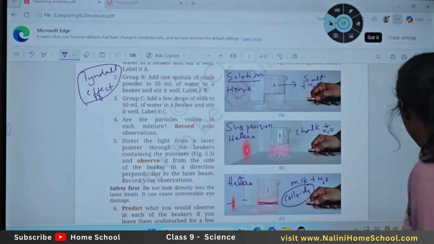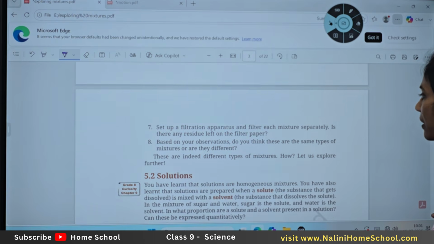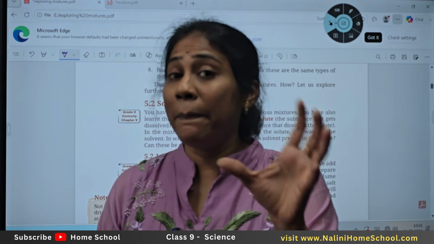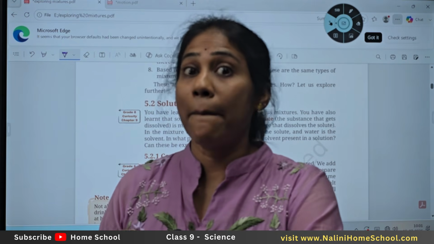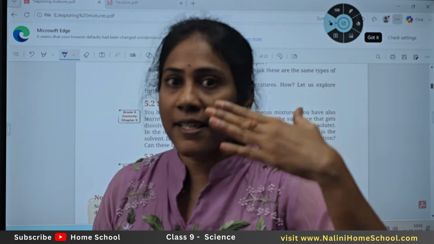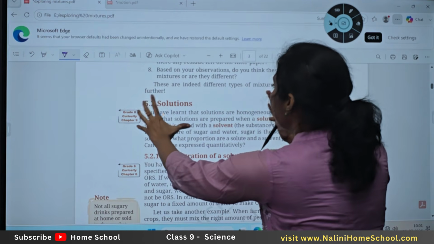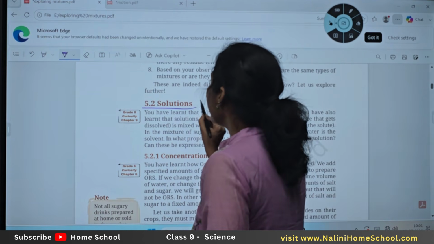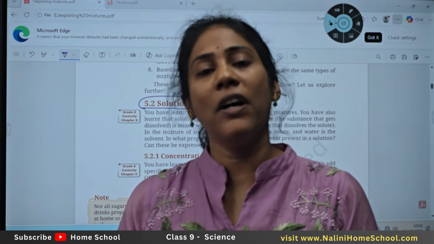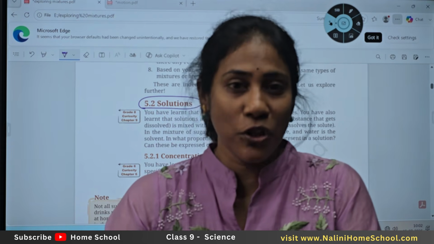Now, slowly we will go and understand the first variety of mixture. I told you mixtures, based on their behavior, are classified into solutions, suspensions, and colloids, right? So first we are understanding everything about the solution type. Solutions are the kind of mixtures we deal with in the chemistry labs most of the time.